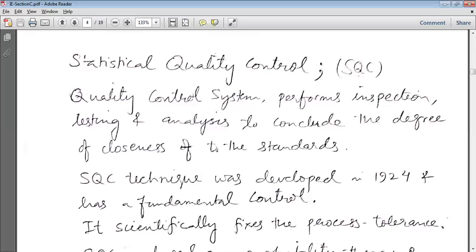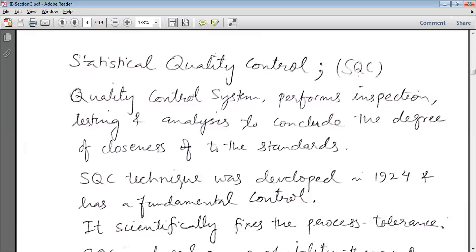Then analysis: what results we find, then analyzing them by applying different techniques and tools of SQC that we'll be discussing in the coming lectures. The features obtained are analyzed, and only then do we conclude what the quality of the product is, what the degree of quality of the product is, so how close it is to the standards.